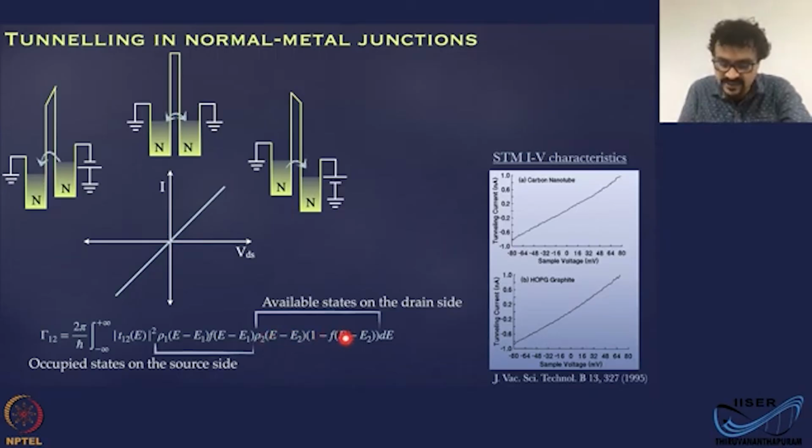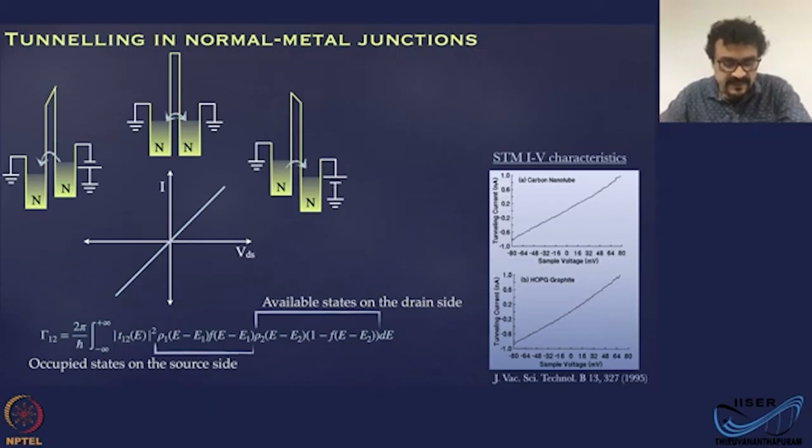And the last two terms tell you how many empty states there are on the drain side to accept those electrons. Multiplied by the transmission coefficient of the tunnel barrier, that gives you the tunnel rate. And that is integrated over the energy window that is exposed by the voltage that you apply.